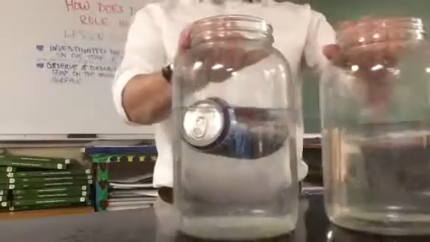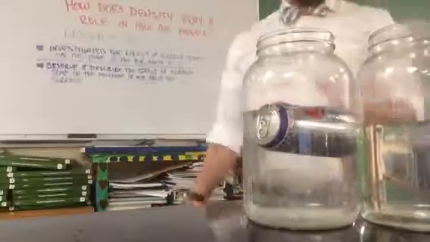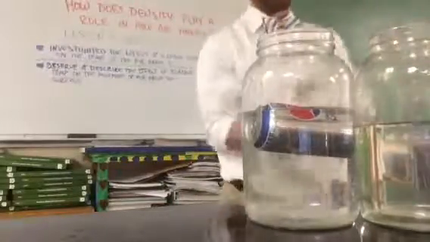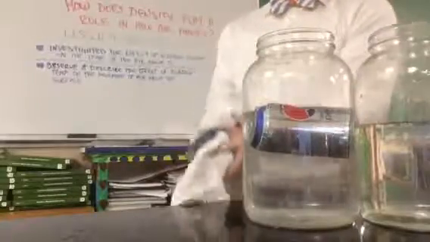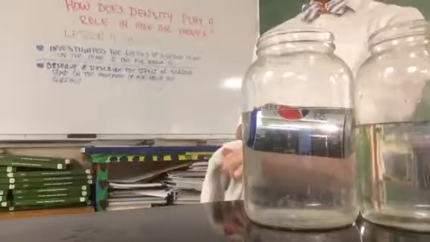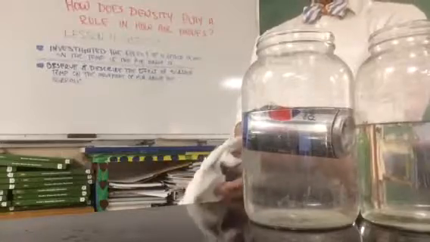So the main idea from that demo is to think about how density plays a role in how air behaves. If it's warm, are those air molecules fitting close together, or are they bouncing around and taking up more space? And how does that make it either more dense or less dense?